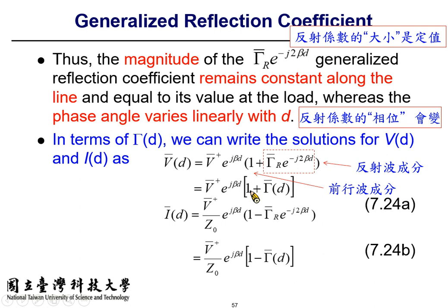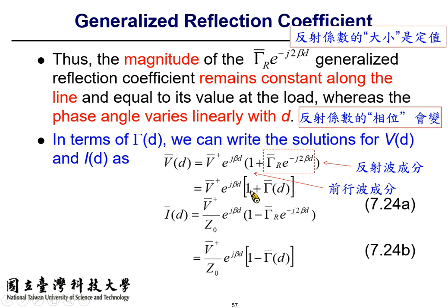Gamma d is a complex number. So the total voltage at d and total current at d will have a phase difference. And this phase difference is not a fixed number. It may be anything between 0 and 360 degrees.